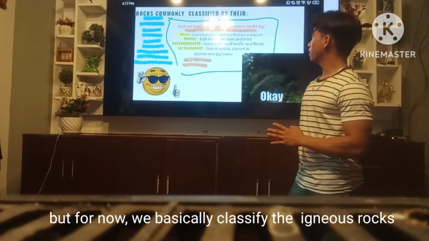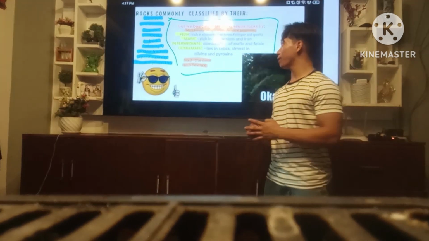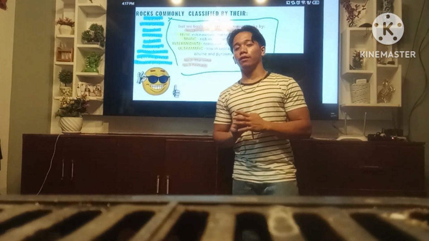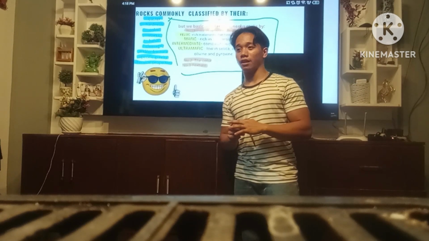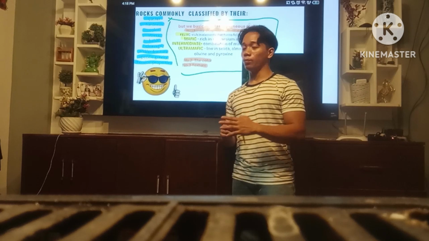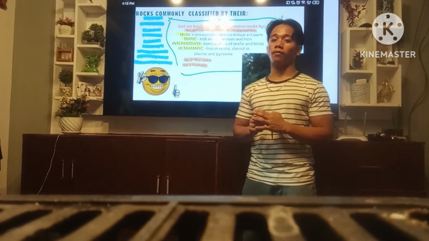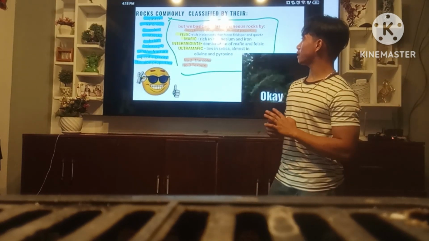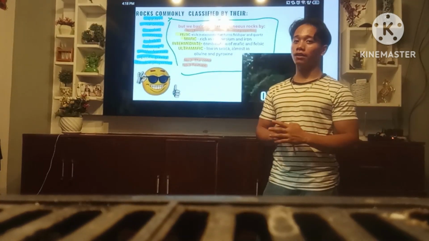But for now, we basically classify igneous rocks by felsic. What is felsic? In my own understanding, felsic rocks are composed of a lot of silicon. Then mafic rocks are rocks that are rich in magnesium and iron.